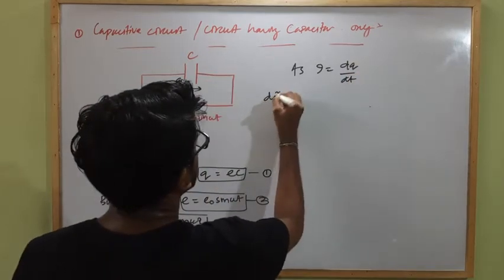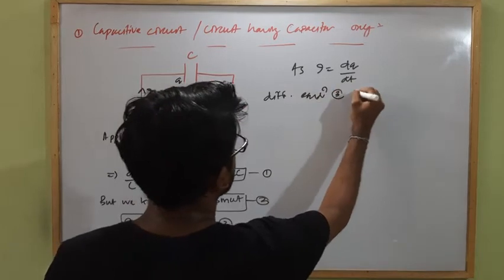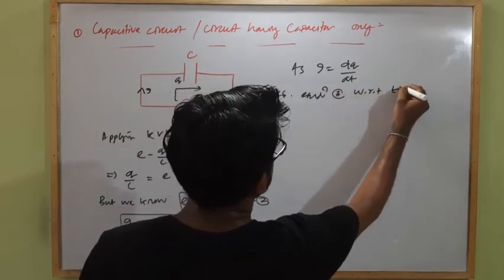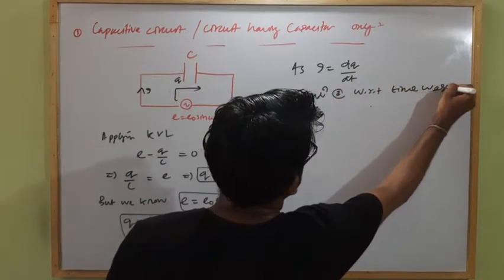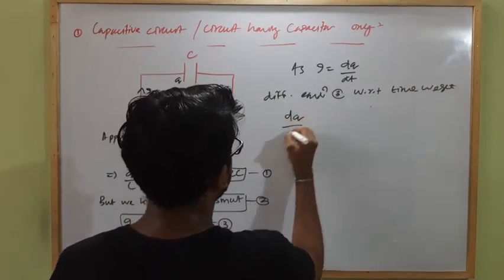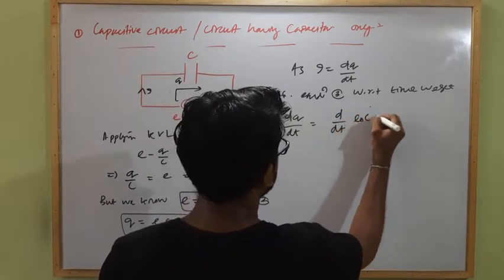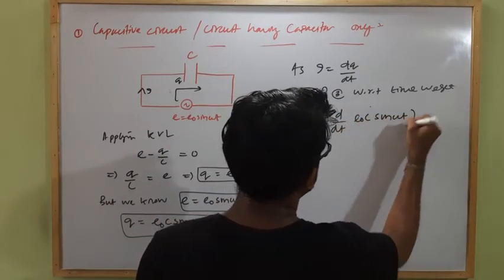So differentiating equation 3 with respect to time, dq by dt will be equal to d by dt of E naught C sin omega t.